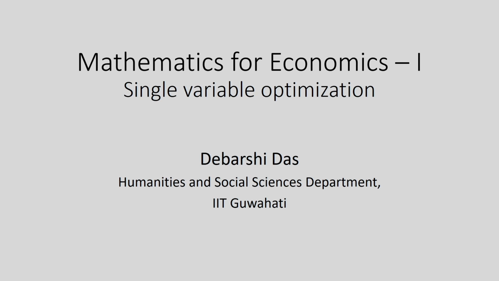So, we have done two lectures on this particular topic, and what we have seen is that in many cases in economics, in finance, one is required to find out at what value of the decision variable a function is attaining its maximum or its minimum.